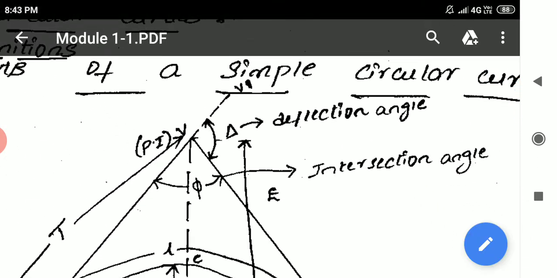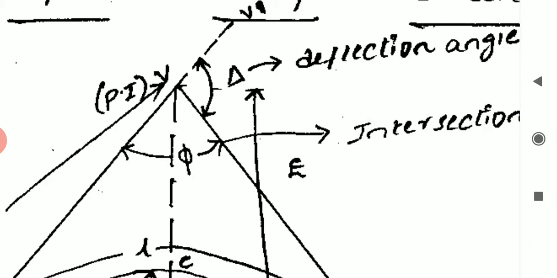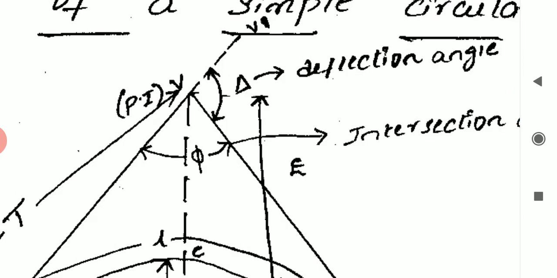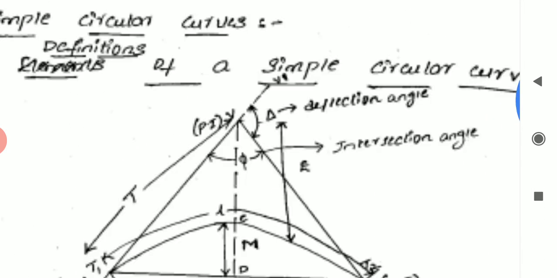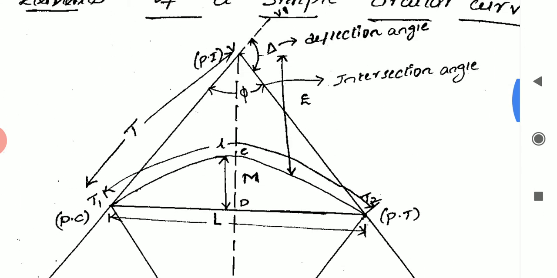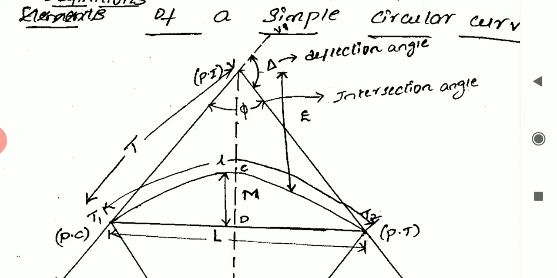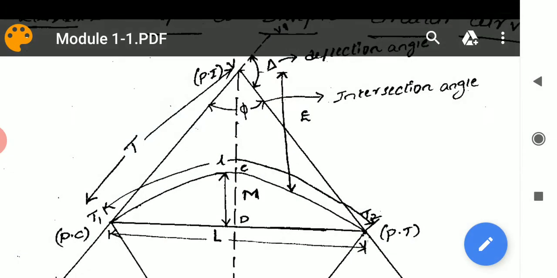Phi is the intersection angle, the angle between the tangent AV produced and VB. The angle V dash VB, between the tangents AV and VB, is called the intersection angle.